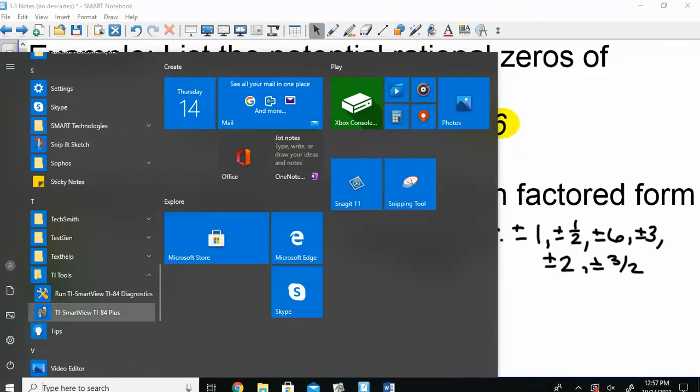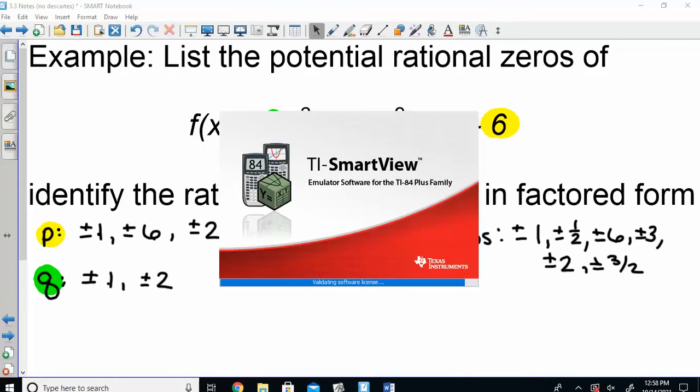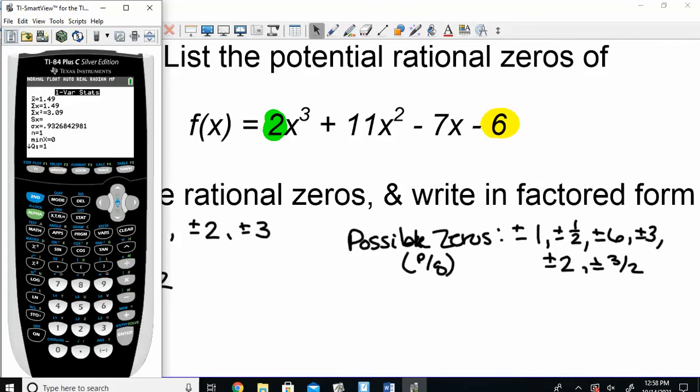So we could use that. So if I wanted to graph this, I have 2x to the third plus 11x squared minus 7x plus or minus 6.